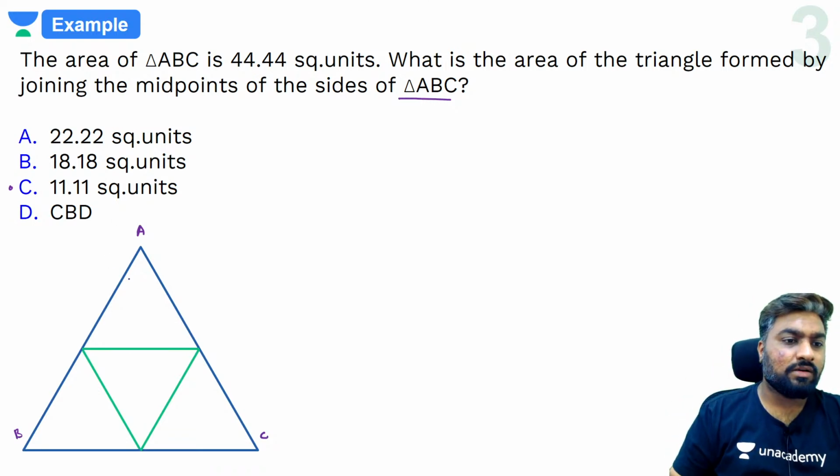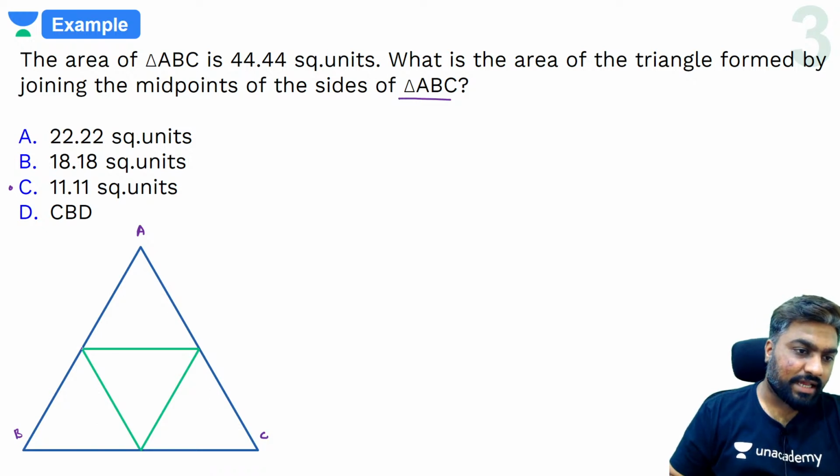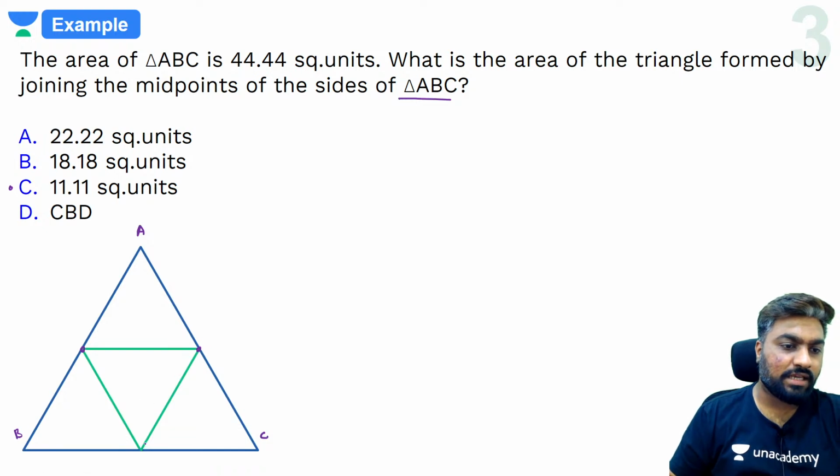Alright, so look at this. What do we have? This entire thing is a triangle, and we have a triangle formed by the midpoints of each of these three sides. Correct?